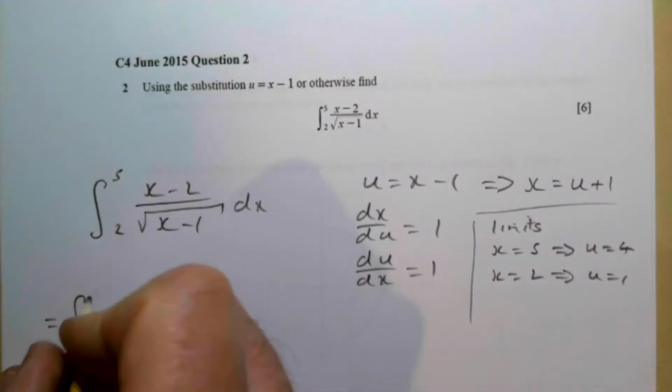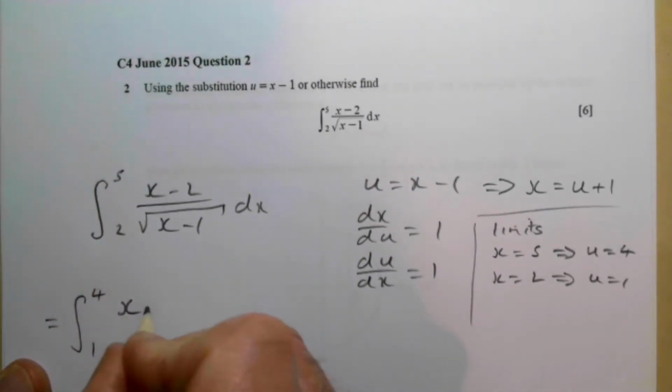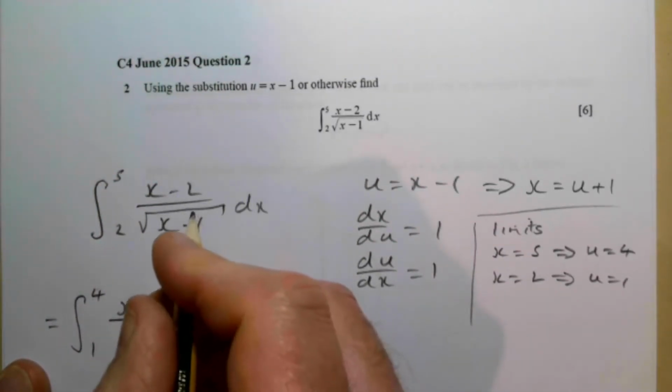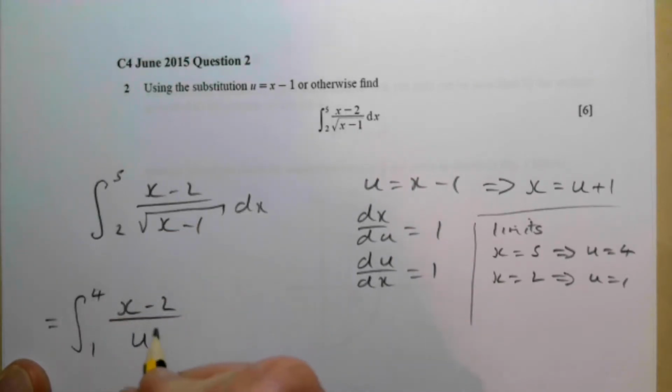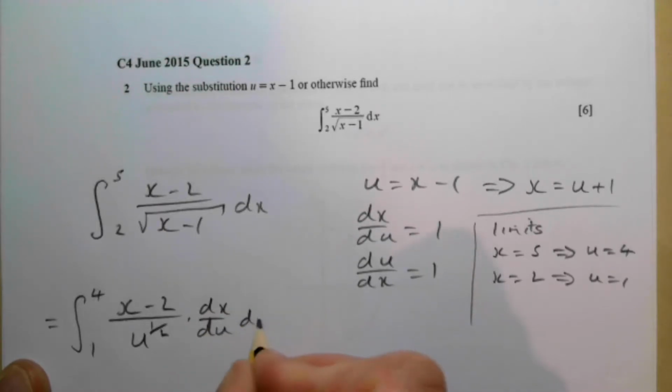Remember, 4 and 1 of x minus 2 all over u to the power of a half upon dx by du.